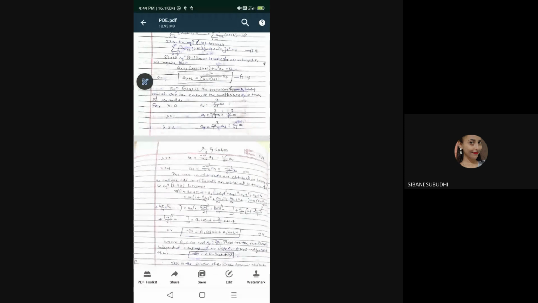So your x(t) is equal to A0 plus A1 t plus A2 t square plus A3 t cube plus A4 t to the power 4 plus A5 t to the power 5 plus A6 t to the power 6, so on and so forth. So you can write A0 multiplied by 1 plus A2 by A0 t square plus A4 by A0 t to the power 4 plus A6 by A0 t to the power 6 plus so on and so forth, plus A1 times 1 plus A3 by A1 t cube, so on and so forth.